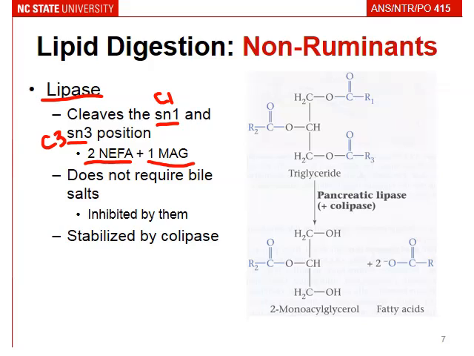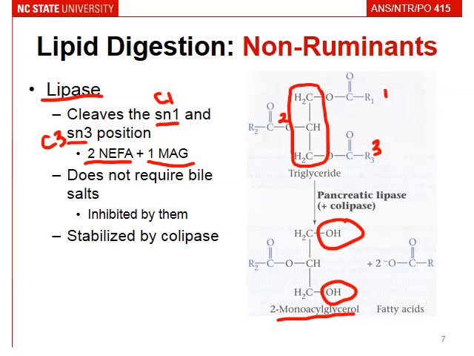Here we have our triglyceride, with 1, 2, 3 fatty acids on our glycerol backbone. When pancreatic lipase acts, it cleaves off number 1 and number 3, so we get 2 non-esterified fatty acids and 1 monoacylglyceride.